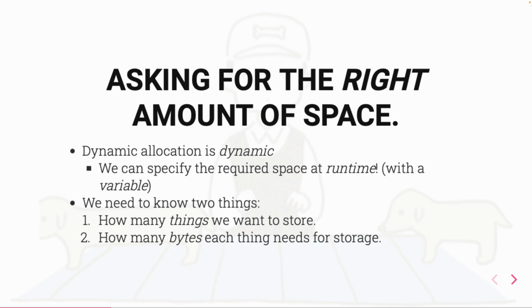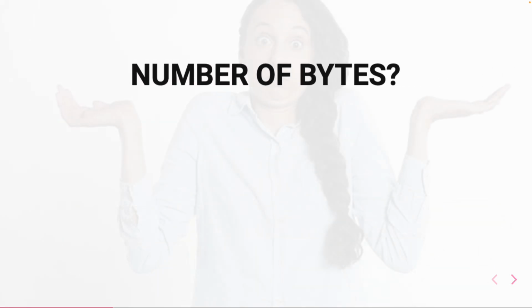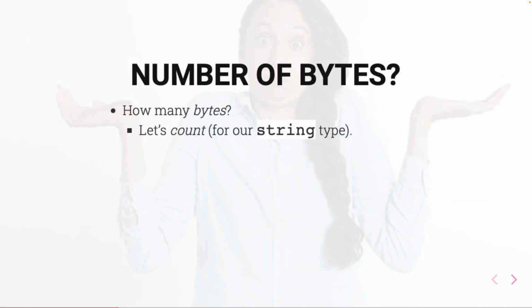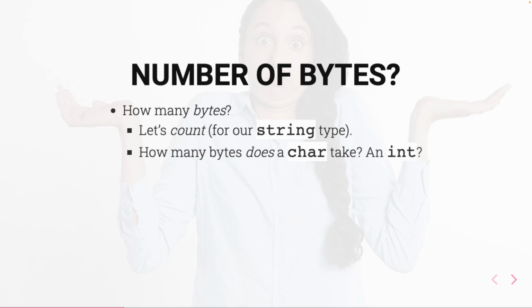More importantly, though, you need to know how many bytes the thing you're allocating needs for storage. So for our string type, that'll require a specific amount of bytes. How many bytes does a char take? What about an int?